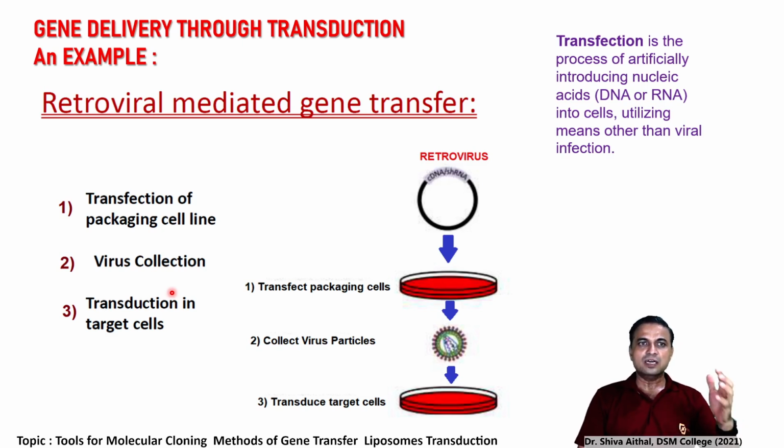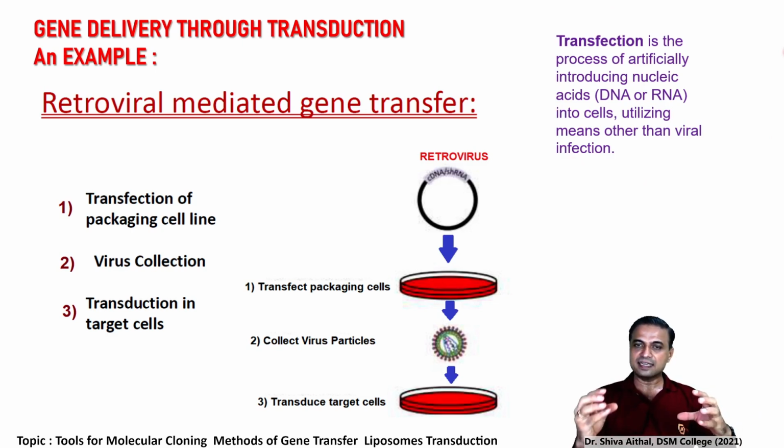As an example, retroviral mediated gene transfer. In this process, transfection is used. What is transfection? Transfection is the process of artificially introducing a nucleic acid, that is either a DNA or an RNA, into a cell utilizing means other than viral infection. Now don't get confused.